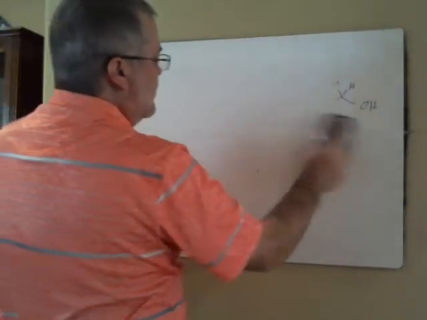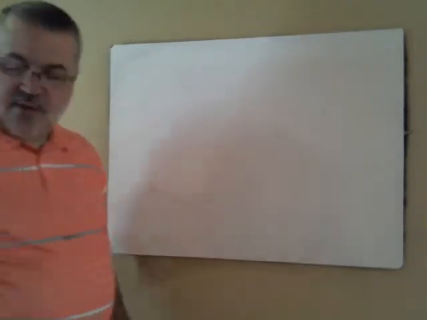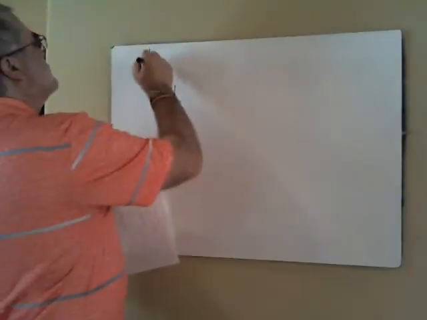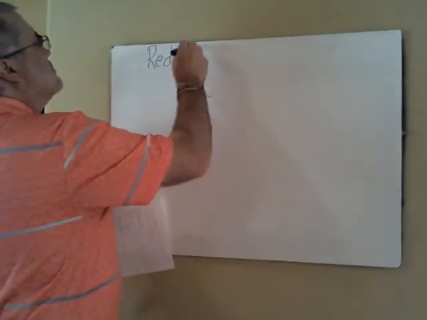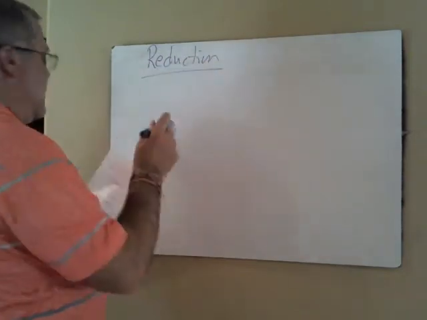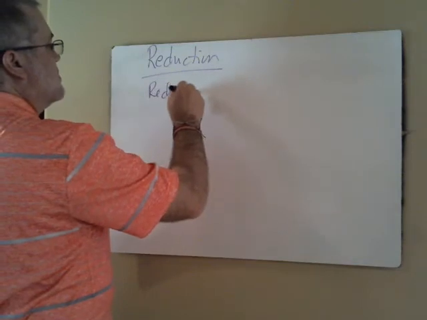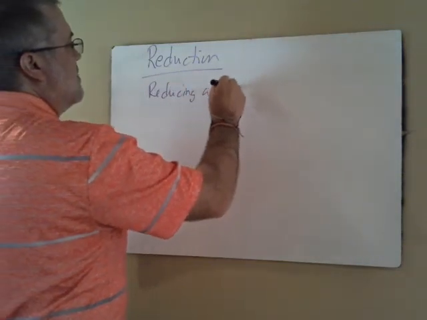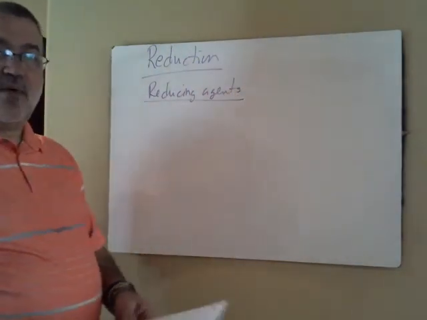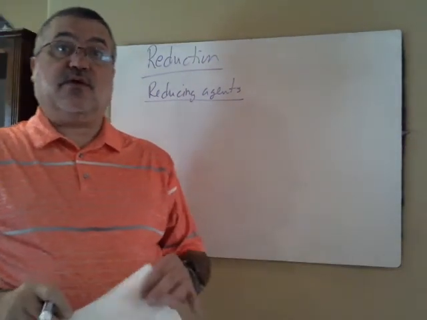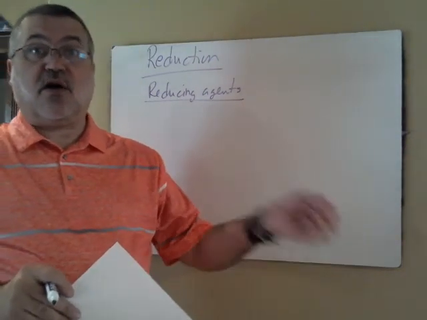So let's say you want to reduce a carboxylic acid. To reduce it, remember, we're going to use reducing agents. And we talked about reducing agents in terms of carbonyls when we were talking about preparation of alcohols.